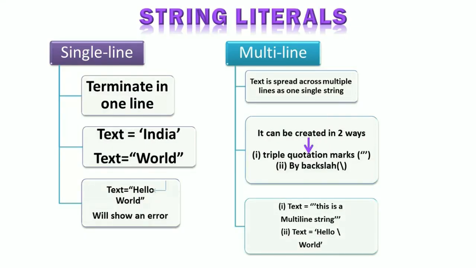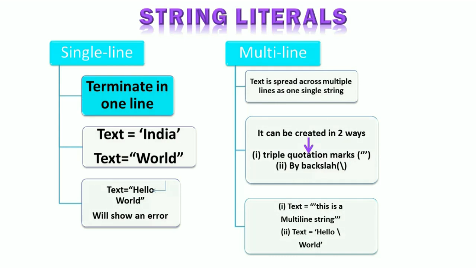In strings we have two types, single line and multi-line. A string created by enclosing text in single quotes or double quotes is normally a single line string. That is, it must be terminated in one line.